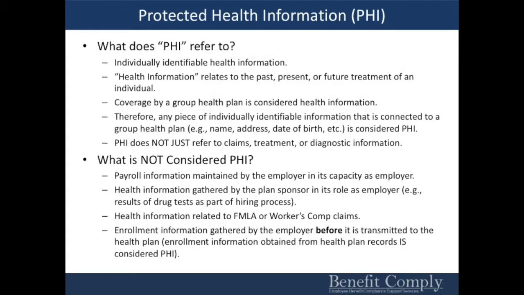The definition is actually quite technical and long, but the easiest way to describe what PHI is that it's individually identifiable information, for example, a name, a date of birth, a social security number, that is related to the employer's health plan. And by related to the health plan, I mean information that is created, received, or maintained by the plan. This would be things like enrollment information, benefits plans, claims information, etc.